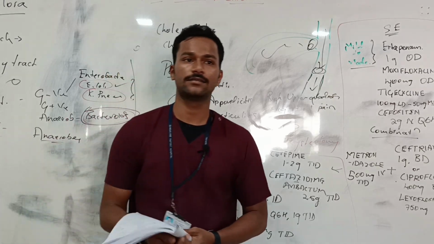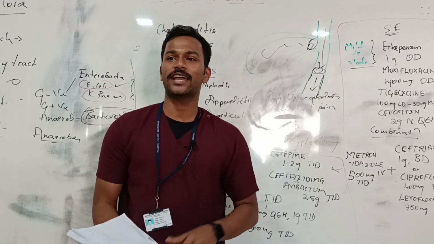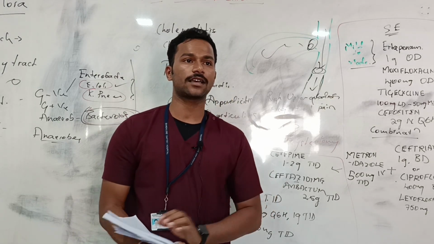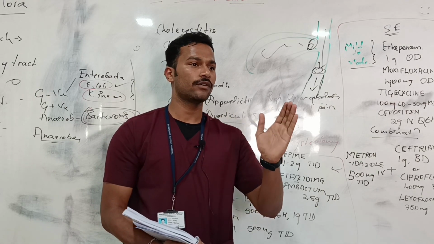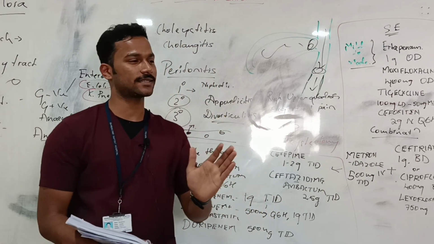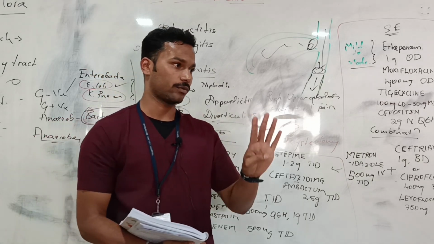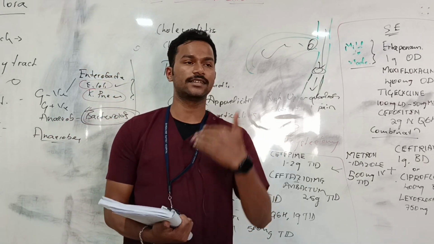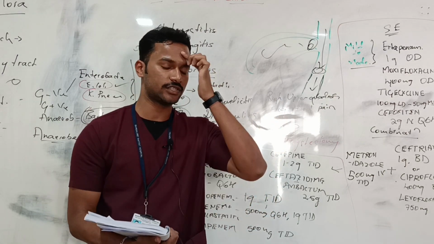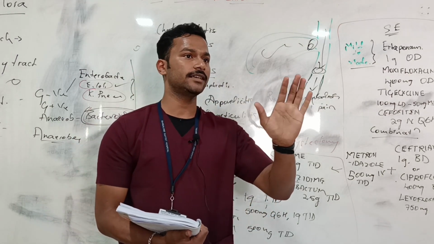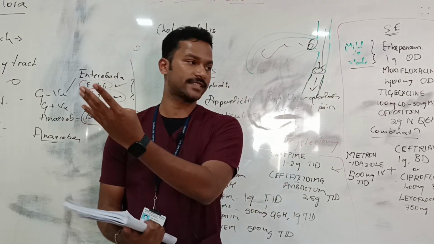Okay. Duration, yeah. Thank you. So the duration is, after the source control, the drug has to go for 4 to 7 days. 4 is enough. 4 to 7 days is the cutoff. The research says there's an article which compared the 10 days duration of the drug versus the 4 days duration.